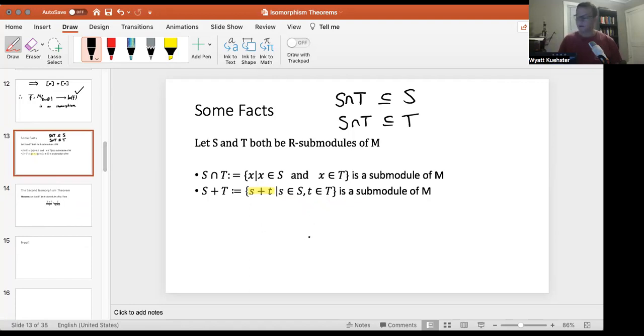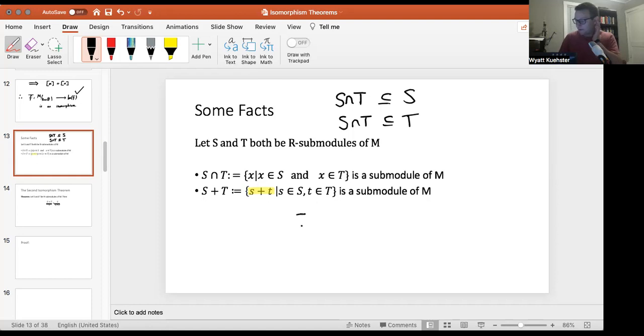And then, oh, I guess you should show it contains 0 as well. I forgot to check that for S intersect T. 0 is in here because it's in both S and T. So the 0 is in there. And the 0 is in this one as well. It's 0 plus 0.